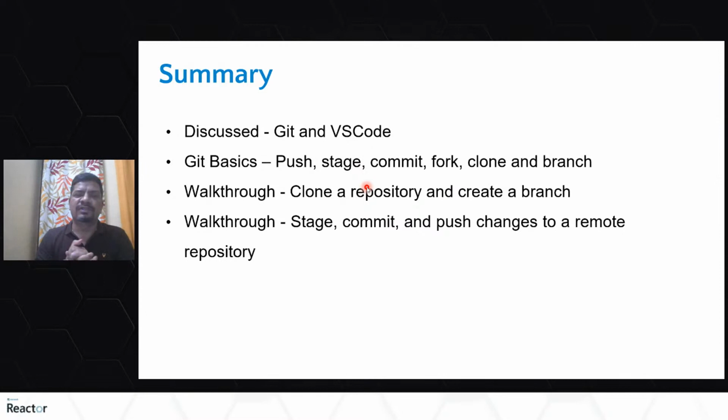We looked into how we can work with Git from within Visual Studio Code. We walked through a simple exercise to clone a repository from my remote repository to my local, create a branch on my local machine, and then we made some changes in a couple of files, staged those changes, committed, and pushed those changes directly from Visual Studio Code, right?